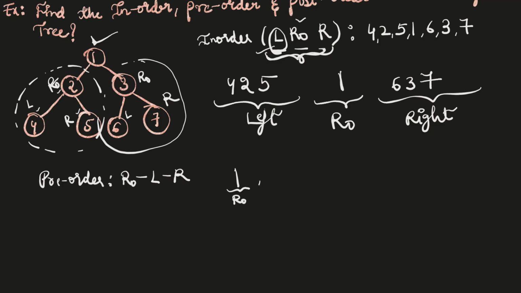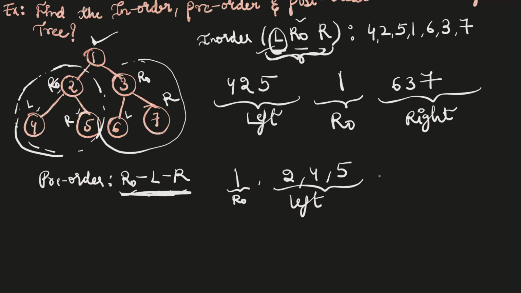Now we will come to the left part. Again on the left side we have 3 elements. But what is the order we need to follow for writing? It is root, left and right. So now what is the root? 2. In the left part, we will again follow the pre-order traversal order, because we have more than one element, so we can't directly write it. Root is 2, left is 4 and right is 5.